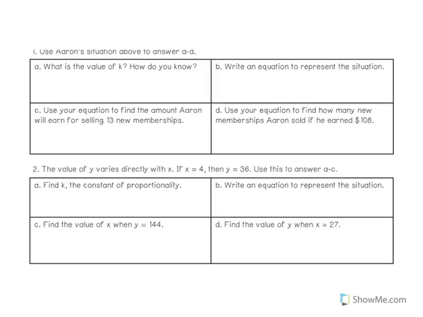Continuing on, you're going to use Aaron's situation above, which we came to the conclusion was y equals 6x. What is the value of k, and how do you know? Well, k is y over x, which we determined by doing several times. 6 over 1 simplifies to 6, 12 over 2 simplifies to 6, so k is equal to 6 because it's constant each time.